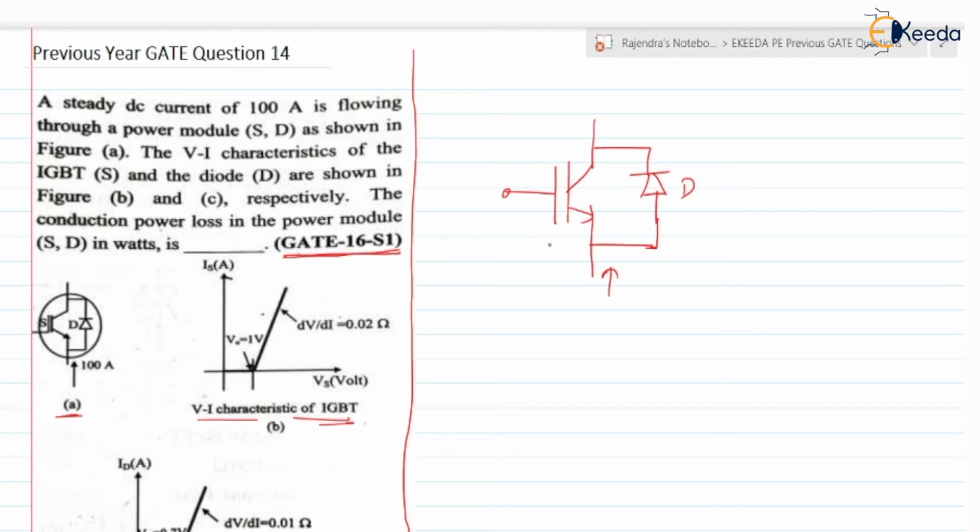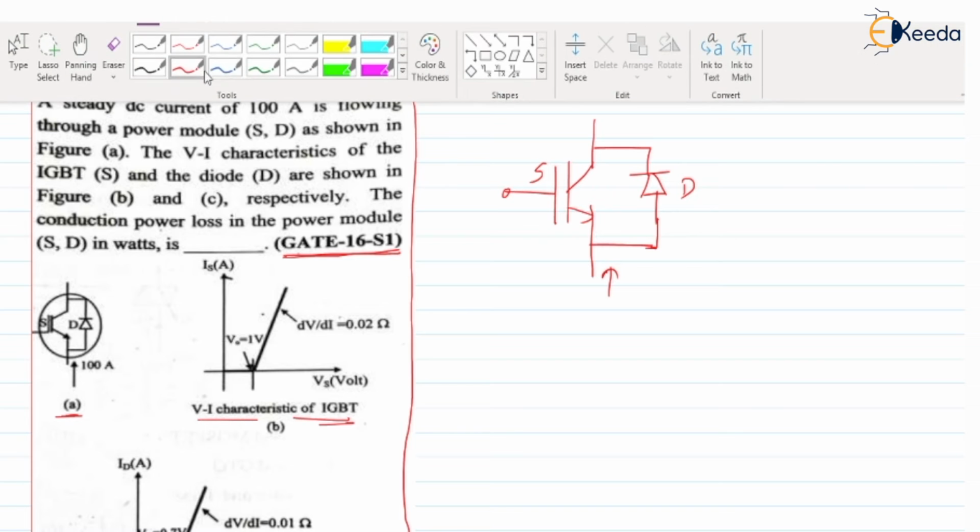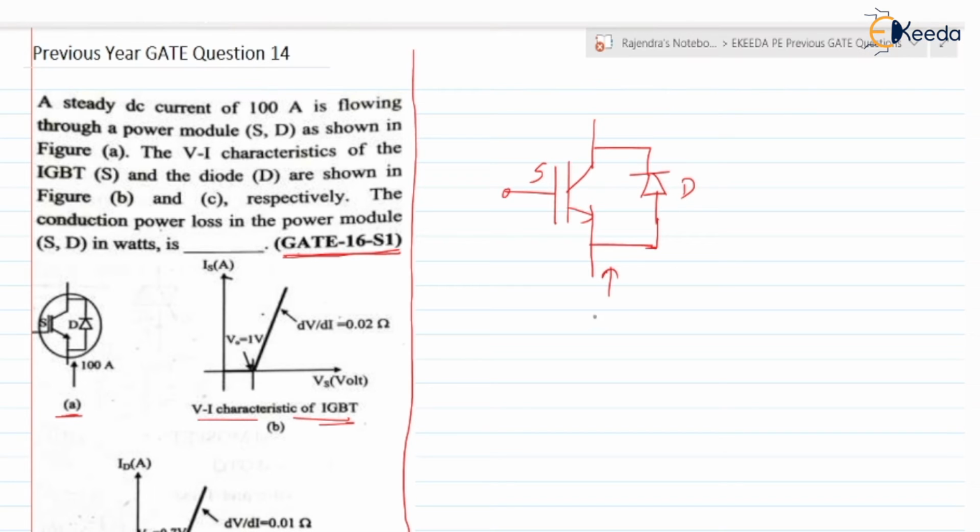Will this IGBT allow the reverse current? No, right? The IGBT will not allow the reverse current. So this 100 ampere current will definitely be flowing through the diode only. Current will not flow through the IGBT, because the IGBT will not allow reverse current. That's why the full 100 ampere current will be flowing through the diode.